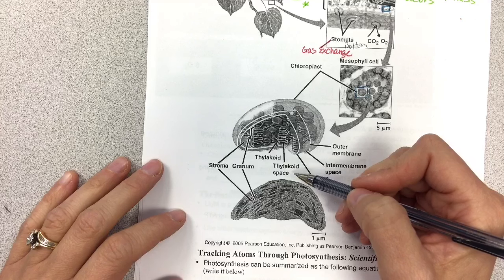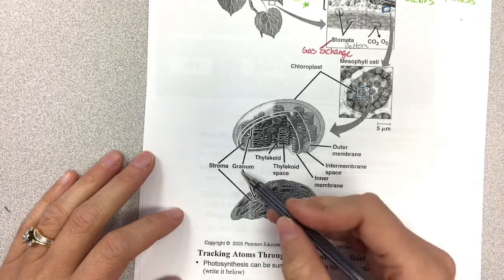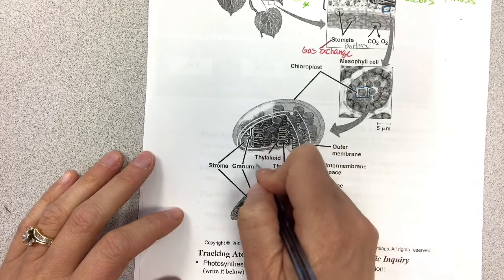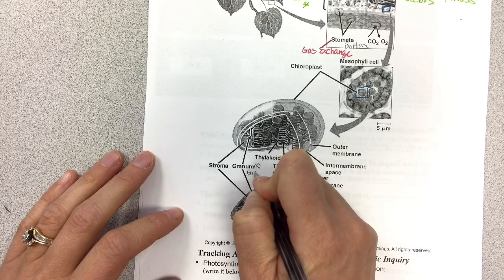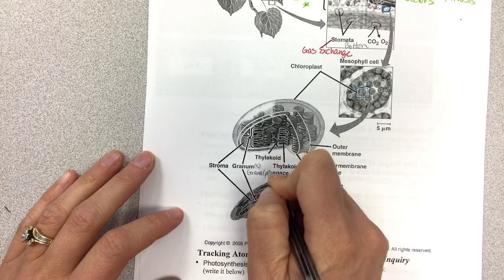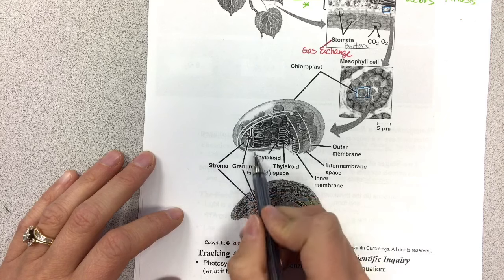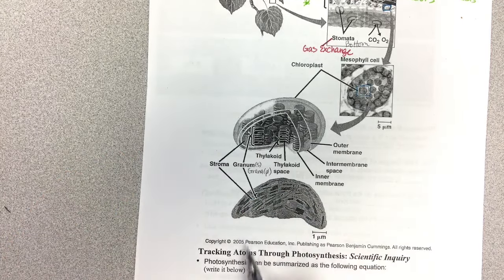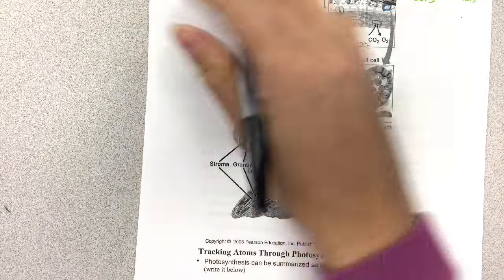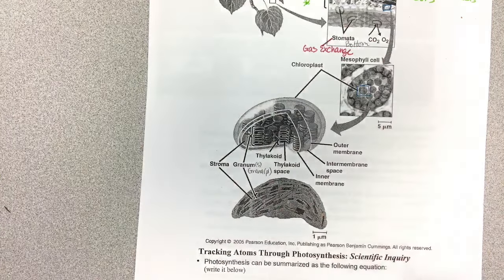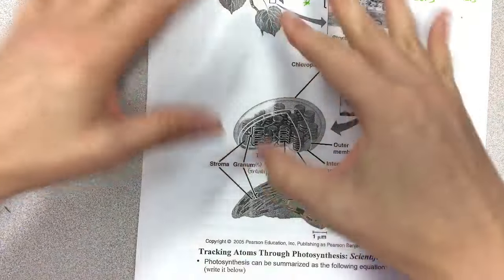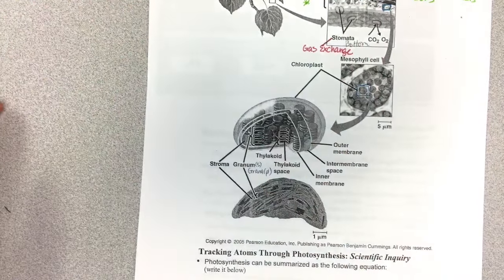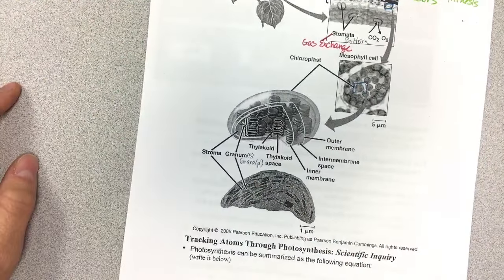They call it the thylakoid space. And so the granum is singular. Grana, remember, is plural. But it's talking about a stack of these thylakoids, and then this is a real picture of it. So that's the whole gist of where in the plant photosynthesis occurs, and specifically inside the cells in the chloroplast.